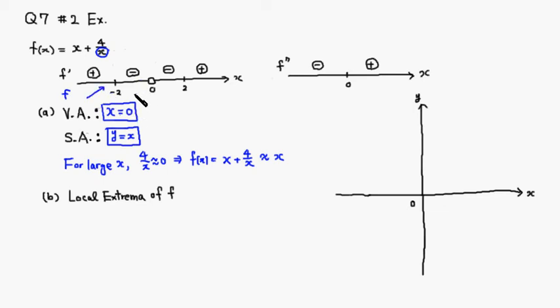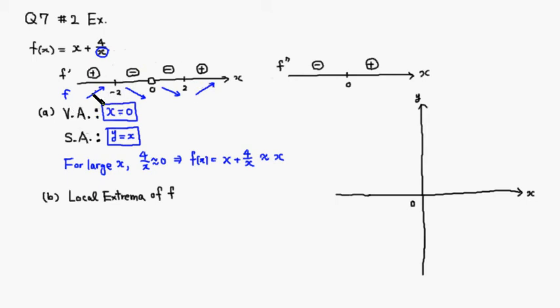After that, it's decreasing because the first derivative is negative. After that, it's still decreasing. Then after that, it's increasing since the first derivative is positive.